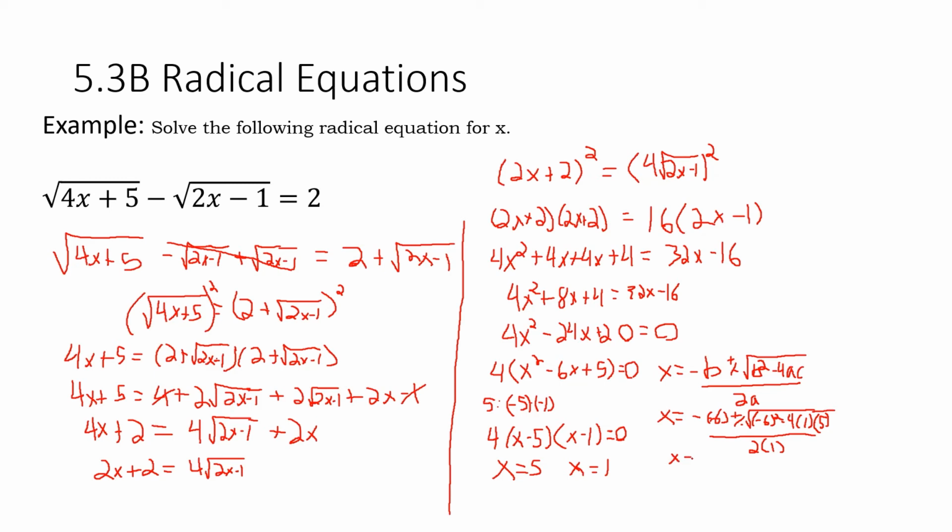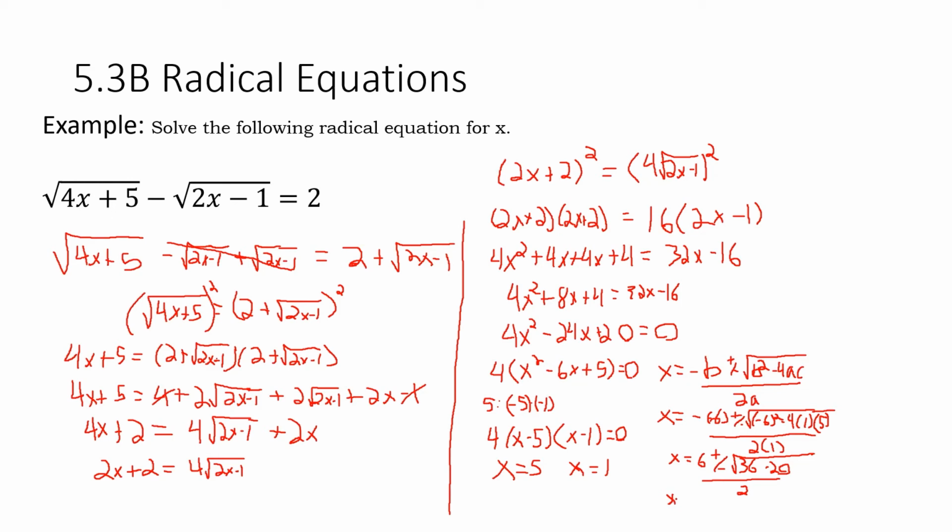So our x is going to equal, that becomes positive 6 plus minus, and underneath the root is 36 minus 20, all over 2.